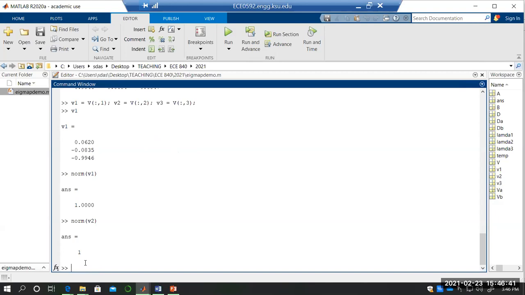What's their dot product? So V1 transpose V2, what should it be equal to? 0, right? V1 transpose V2, because V1 and V2 are mutually orthogonal, is approximately equal to 0. Numerically, it's so small, e to the negative 17, it's 0.